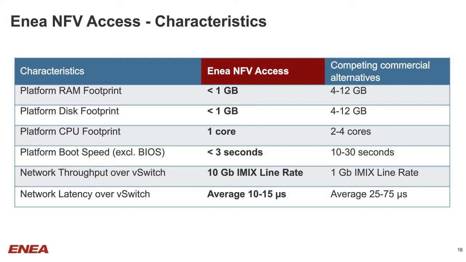The boot speed is a way of maintaining SLAs, because if the service goes down, it comes back up very quickly. And through our optimization, we can achieve 10 gigabit IMIX line rate with very few cores used, and at a very low latency as well.